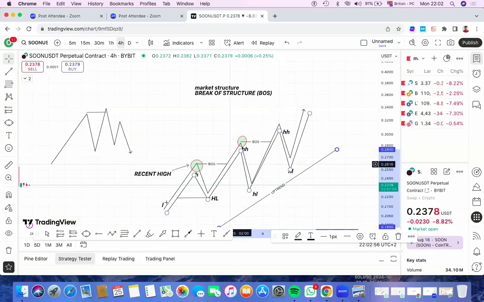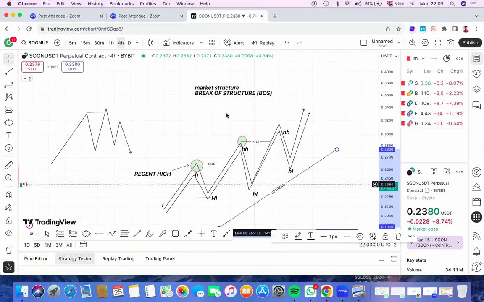But at least this terminology you should know: if I say my recent high or recent low. If I say my recent low now, what would be my recent low here, please? Can anybody tell me where my recent low would be here? You can unmute.